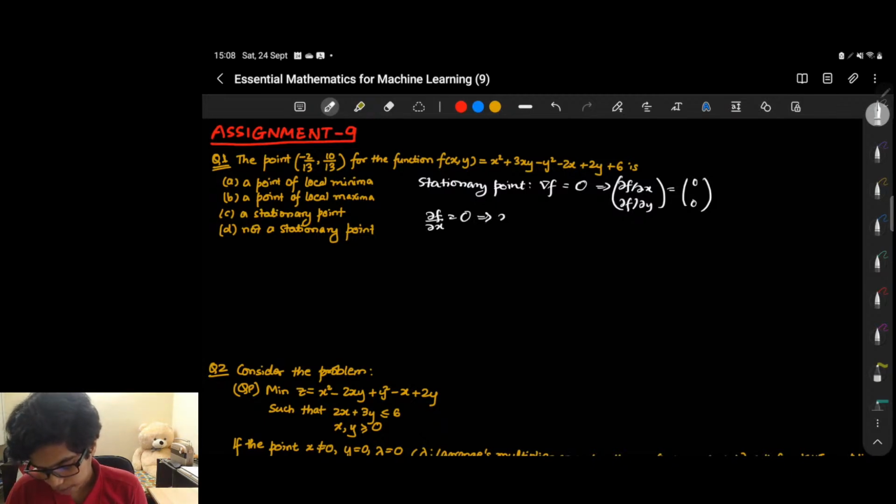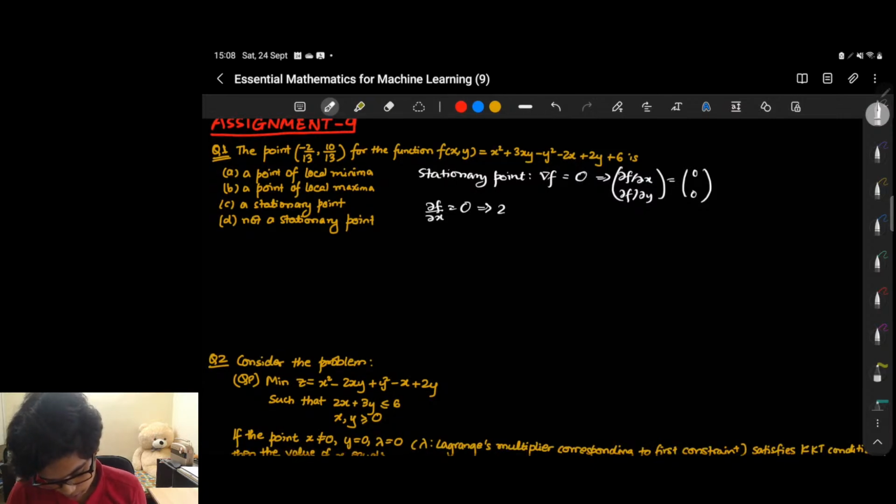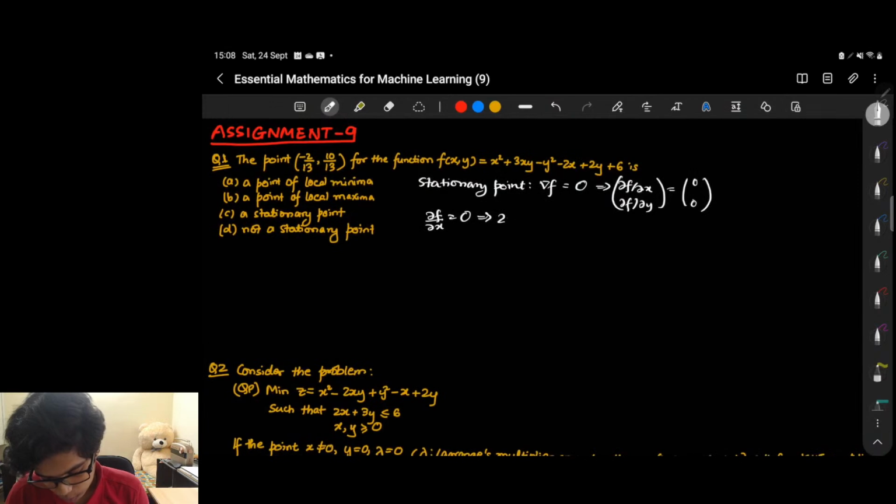Del f by del x is 2x plus 3y minus 2, which is equal to 0, and del f by del y is also equal to 0, which implies 3x minus 2y plus 2 equals 0.